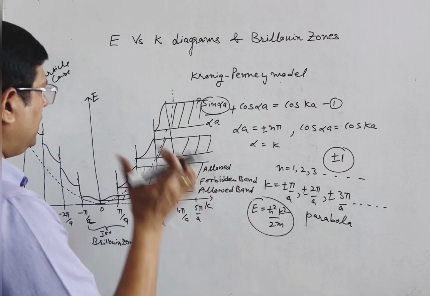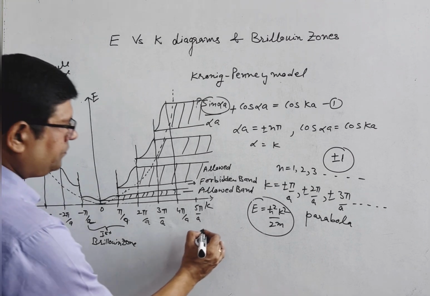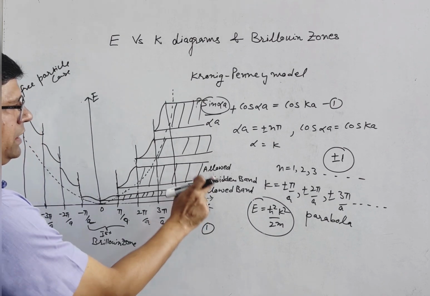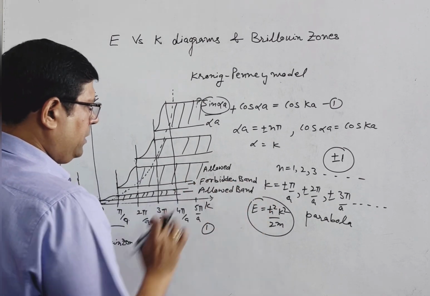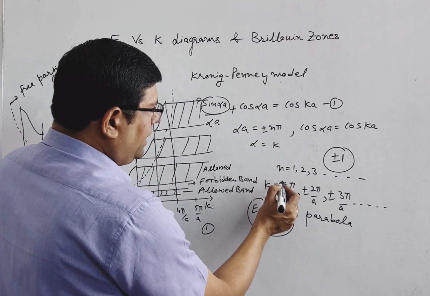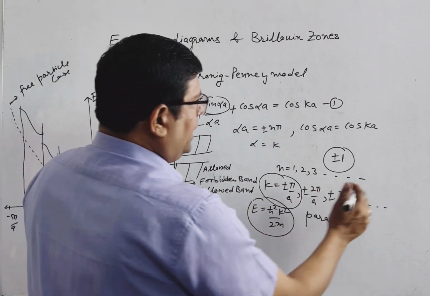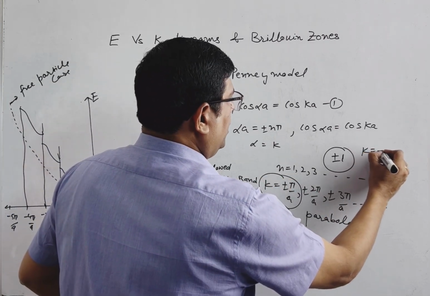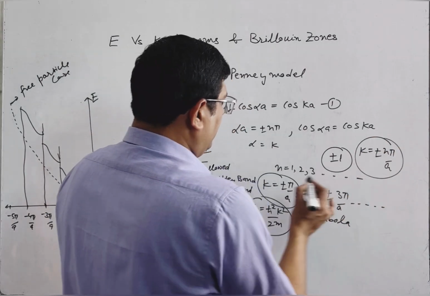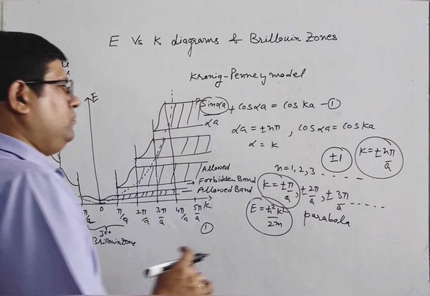So we can draw a conclusion from this E versus K diagram that number one, allowed bands are separated by not allowed bands, that is forbidden bands, and the E versus K diagram will have discontinuities at K equal to plus minus n pi by a, and n can take the values n equal to 1, 2, 3 and so on.